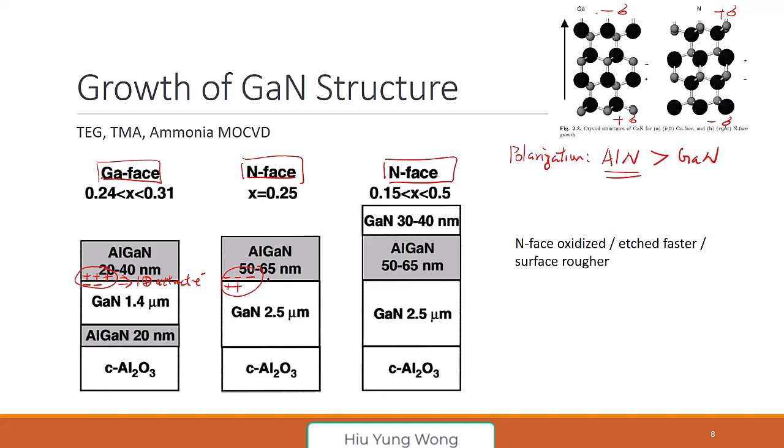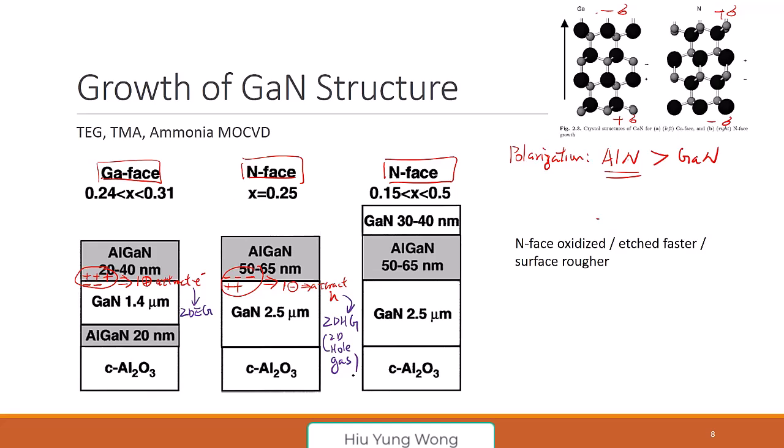So what is the net charge here? 1 negative. So it's going to attract holes. So this type of structure naturally is going to give me what we call 2DEG, two-dimensional electron gas at the interface. This is 2DHG, two-dimensional hole gas. It's very conductive. It attracts a lot of carriers there.